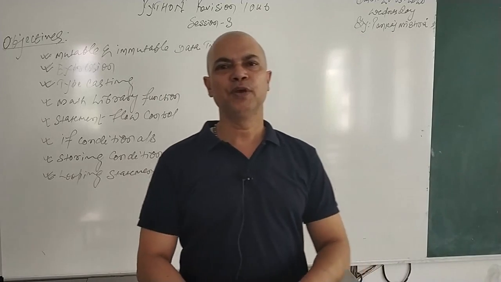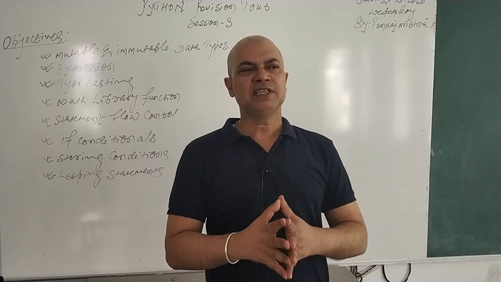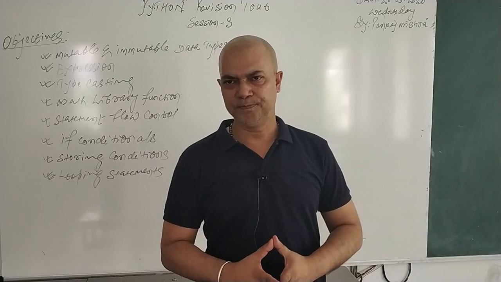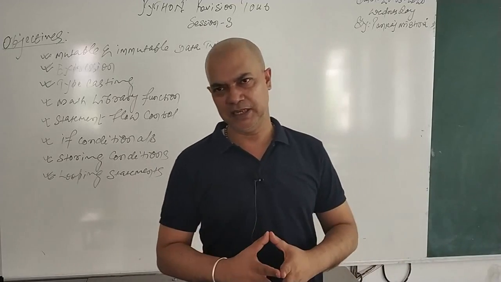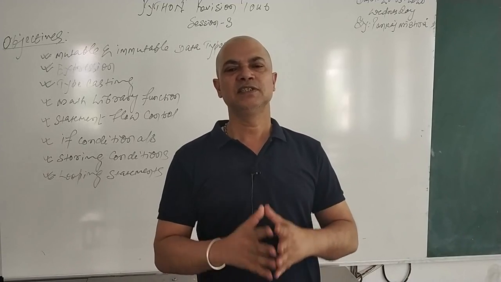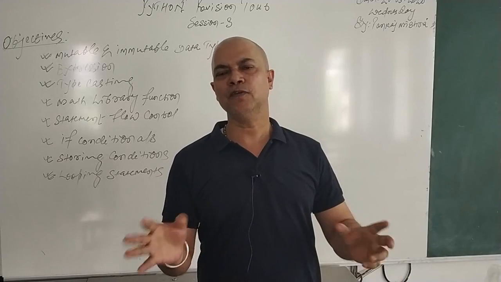As yesterday we discussed, mutable and immutable are the two broad types of data types we have in Python, where mutable means changeable and immutable means not changeable. In mutable data types we can change the place value of data.